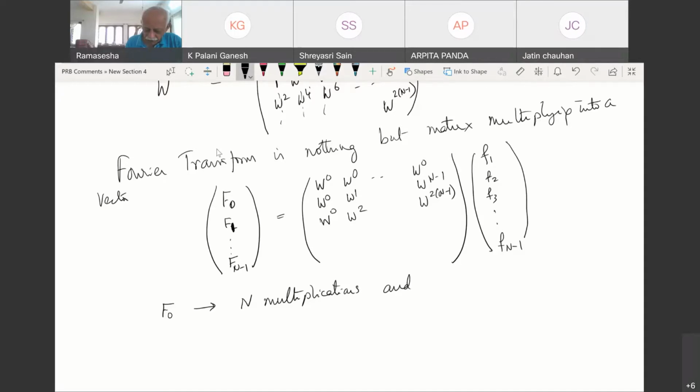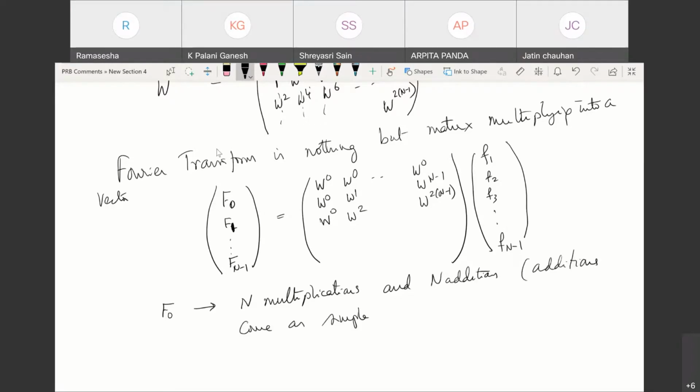Additions come at simple overheads, because when parallel processing is taking place, the additions happen simultaneously. So additions come at no cost. So to get F0, I have n multiplications.